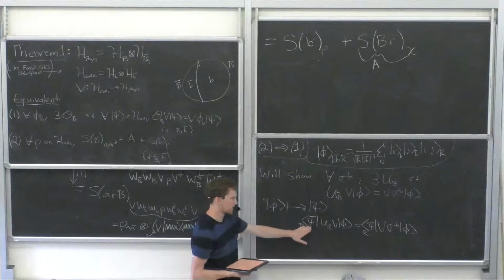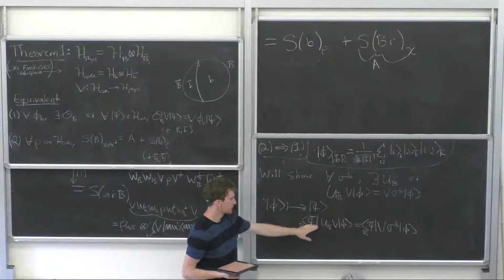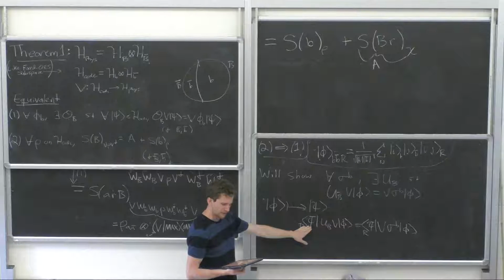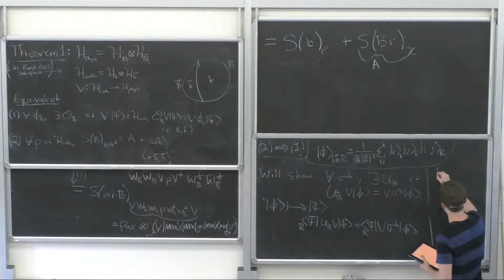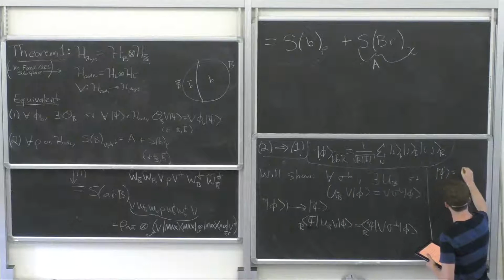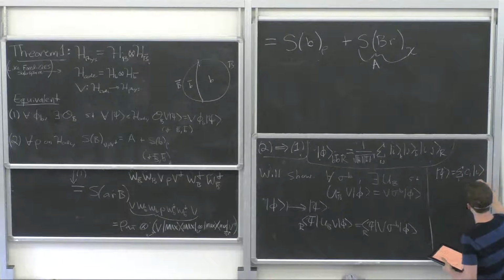Psi bar is the complex conjugate of psi. Psi is the state we want to prove this equation for. What do I mean by complex conjugate? Let's say psi was a sum over i of some coefficients times |i>.